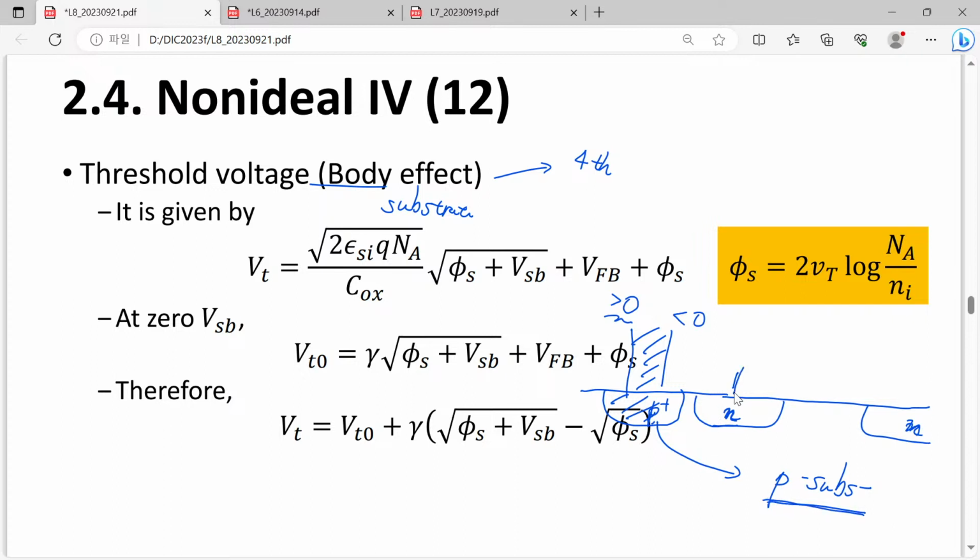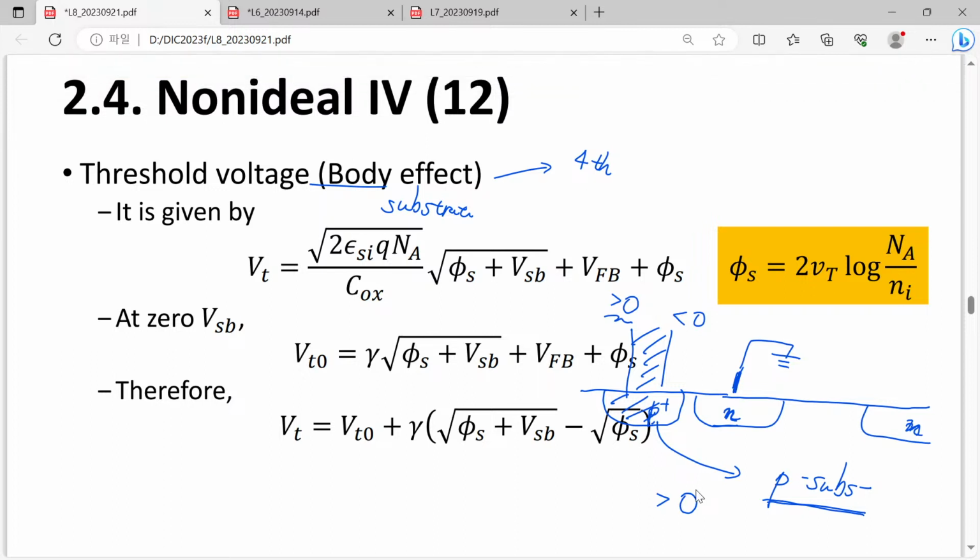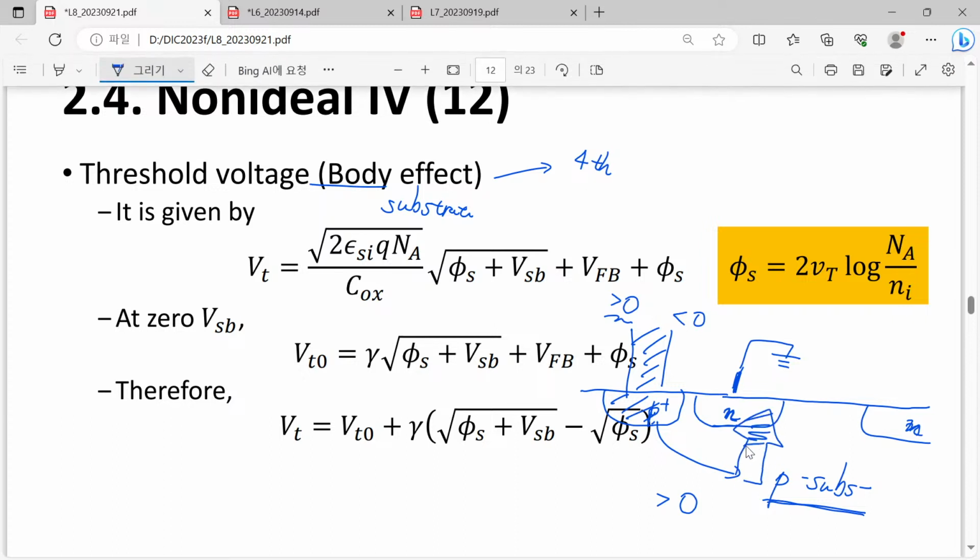Think about the case where the source is grounded as usual and the P-type substrate is positively biased. Then this PN junction between source and substrate is biased in its forward mode. So we can expect a certain non-negligible current flowing. Usually this is not a desirable case.